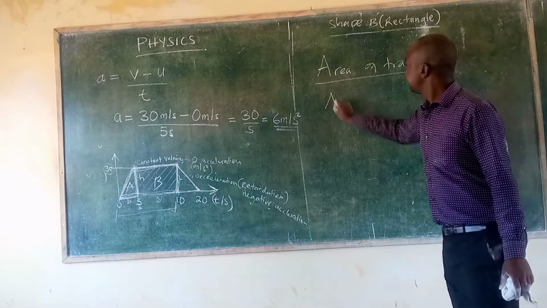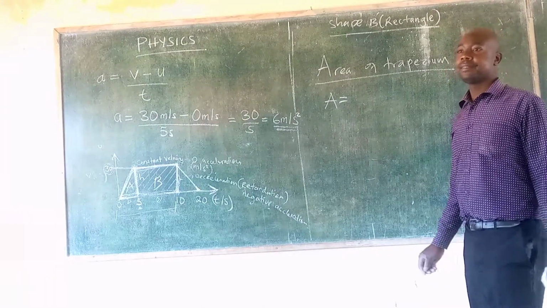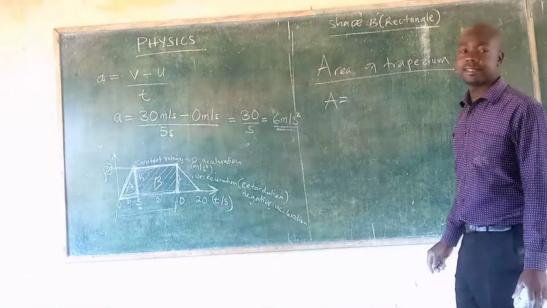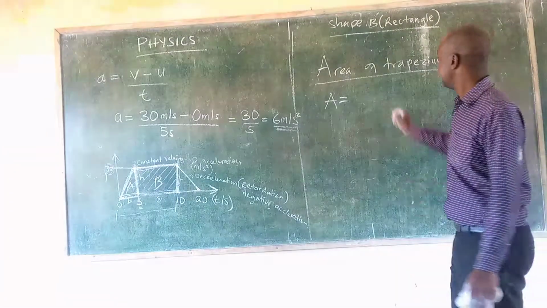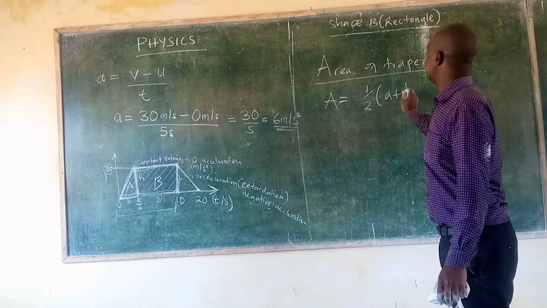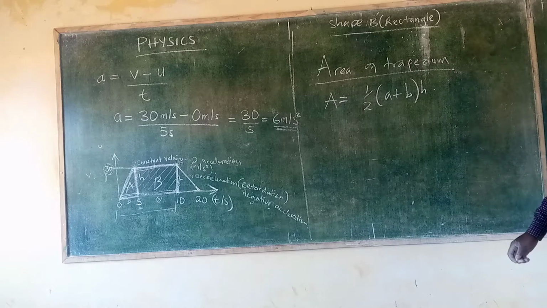What did you say? Area of trapezium equals h over 2. Is that clear? Yes, sir. Is that correct? So the area of a trapezium is equal to half times (a plus b) times height.